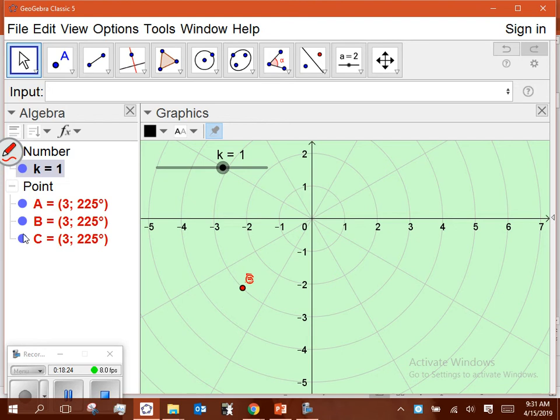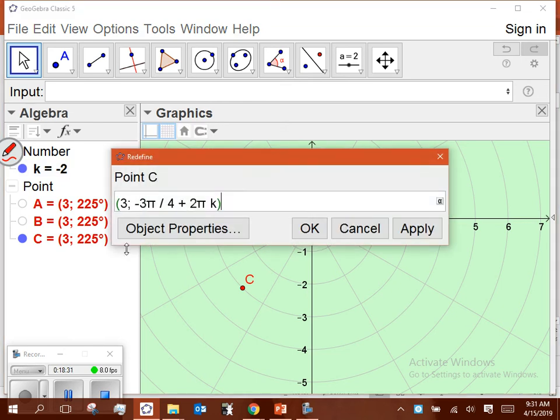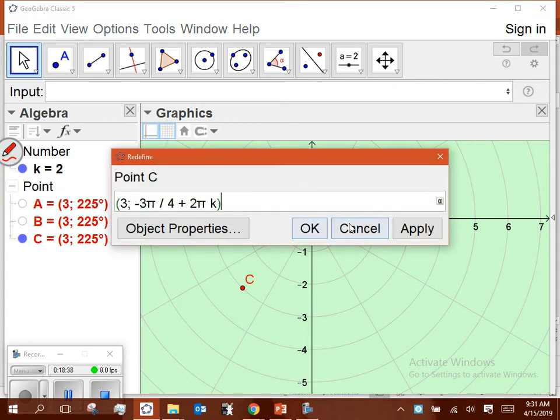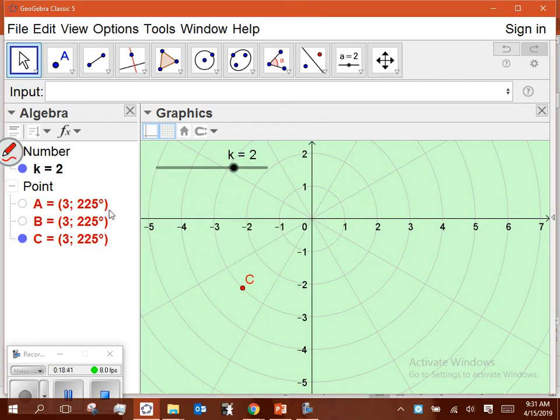Okay, so we're looking at point C. Does point C ever move? No, but there's an equation here that's incorporating that k, right? Okay, so here, I don't know if it'll actually evaluate when I click it now. Let's try it this way. Let's say that t is equal to negative 135 plus 2 pi times k.